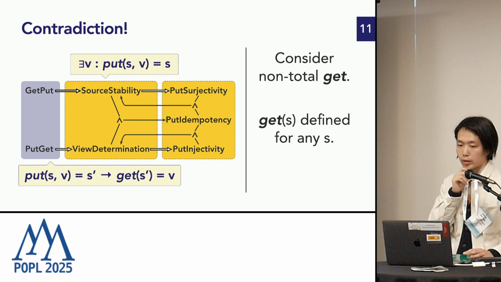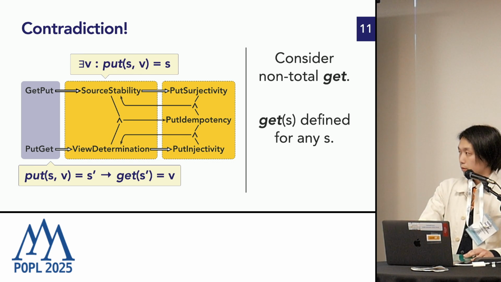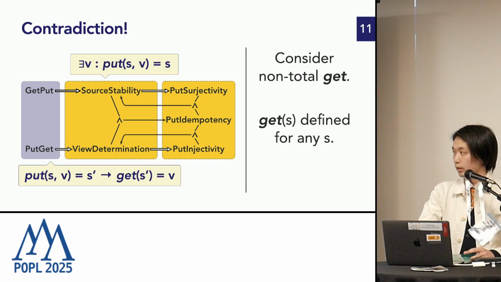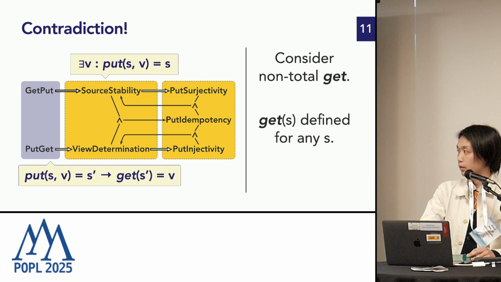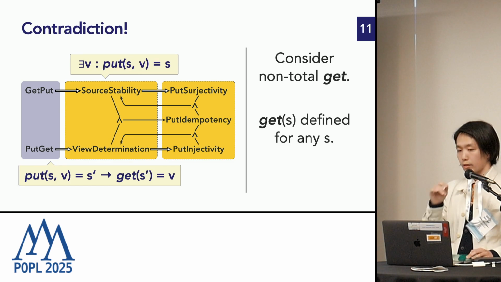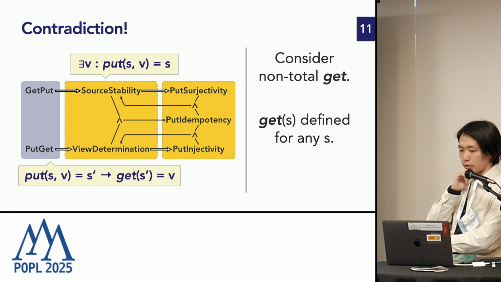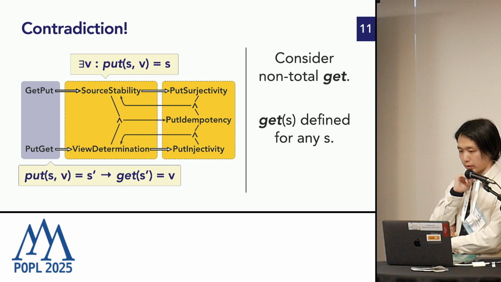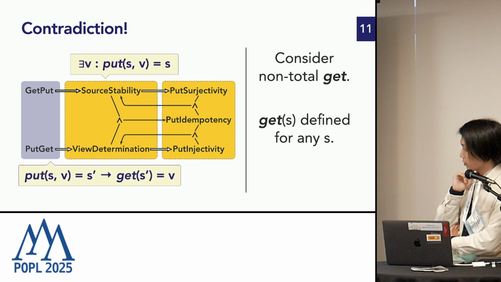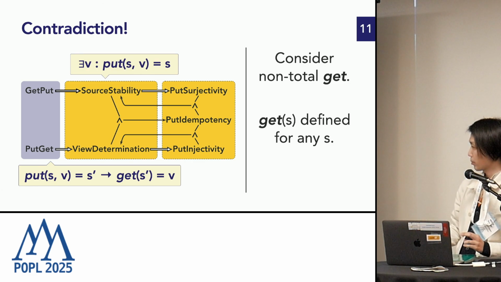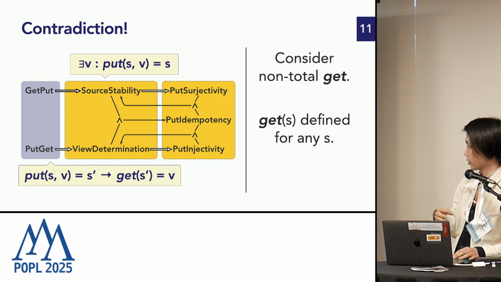Other related types? We consider just the symmetric lens, and I think we consider the most basic lenses, and we didn't consider other lenses. We just consider these lens laws.